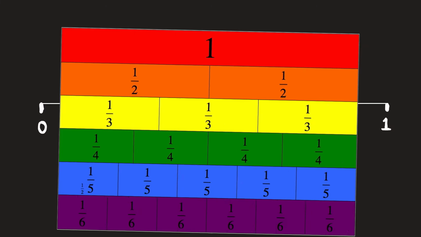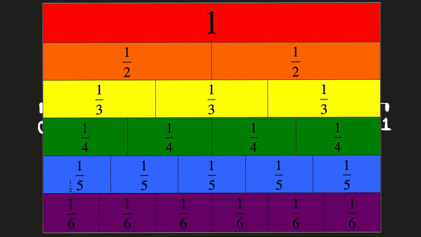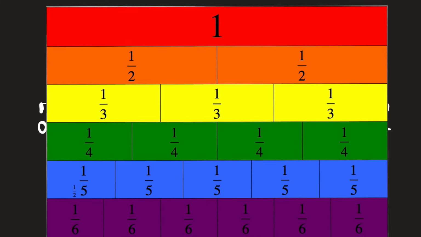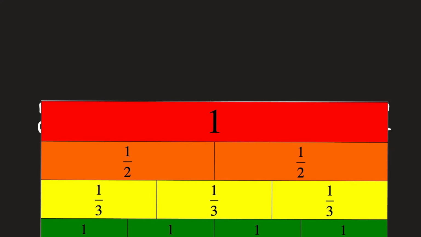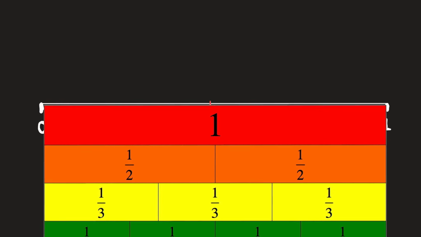So let's do another one. Let's go ahead and bring in the thirds. If we're looking at 1/3, let me see if I have the color yellow. Yes, I do. So if I'm going to do 1/3, I'm going to mark it right here, and I'm going to mark it right here.